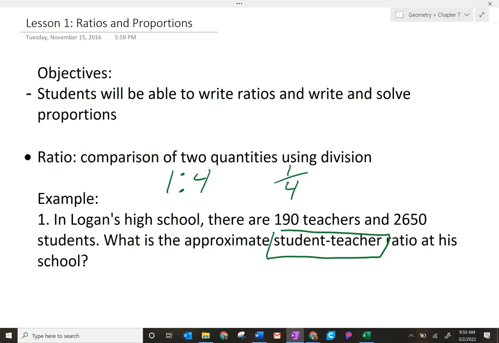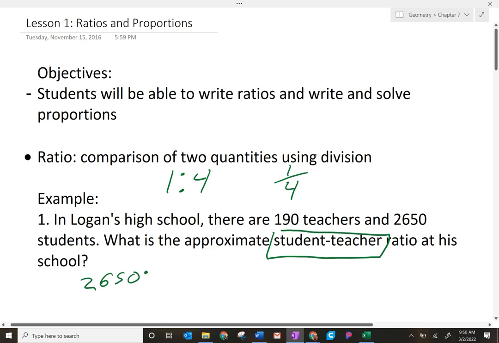So if I want to figure out the student to teacher ratio, I need to put the student first and then the teacher afterwards. So I could put 2650 to 190. Or again, I could put it as that fraction, 2650 over 190.